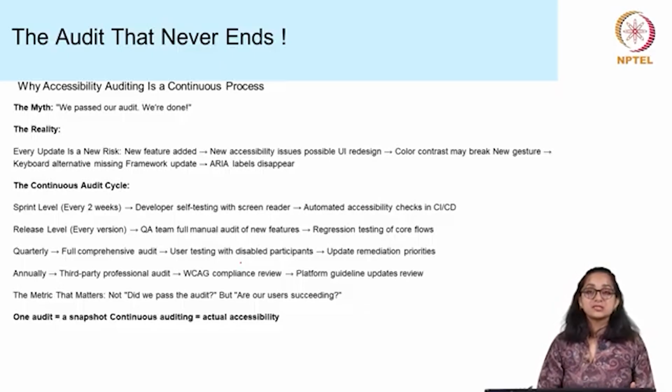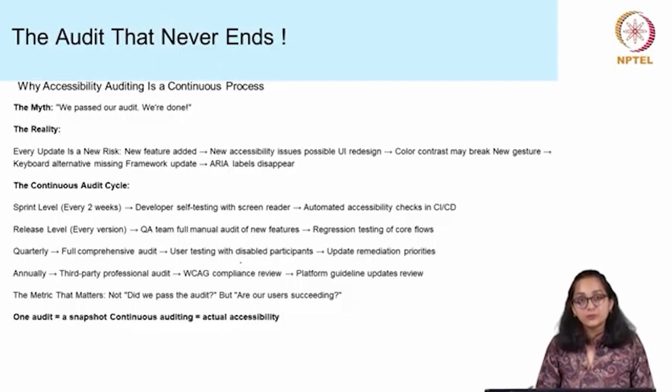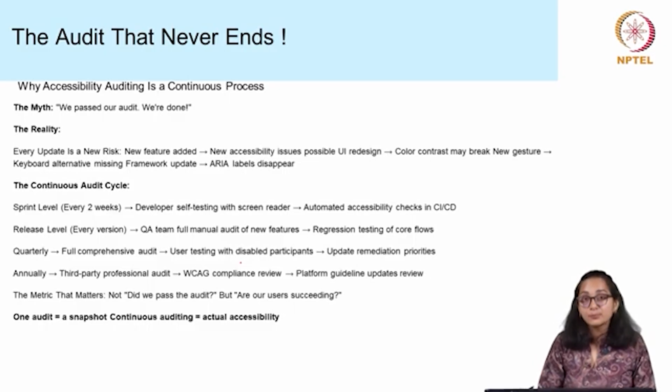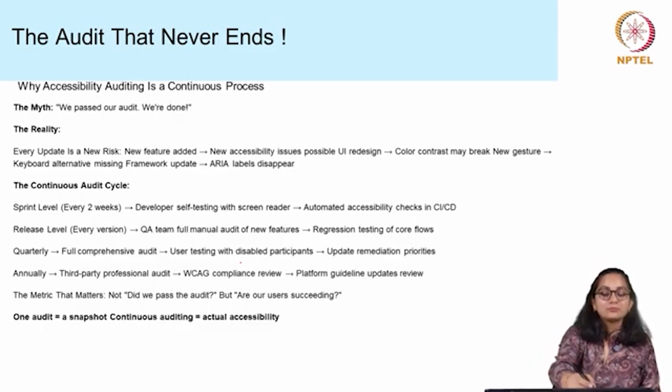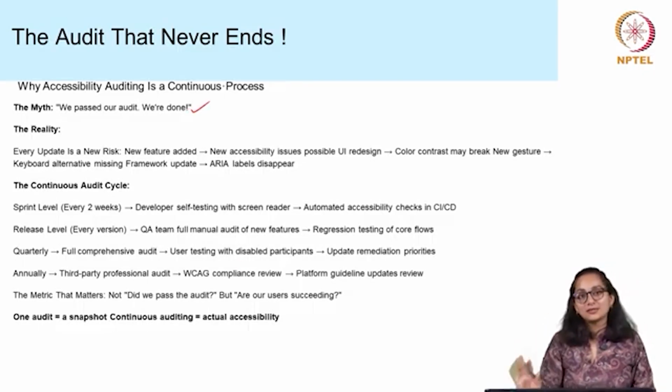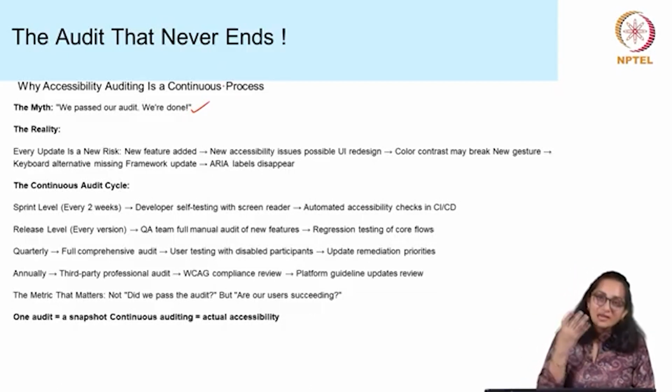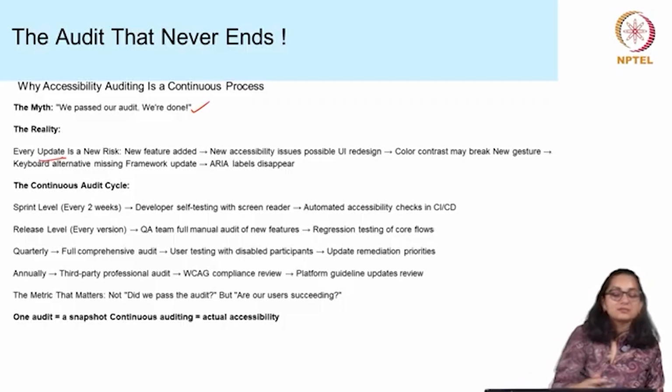Accessibility auditing is a continuous process, and you may be required to do it at several instances during the whole product life cycle and product development cycle. Say, for example, you did it one time and passed all the requirements, and you say we're done. But with every update, there is a risk.